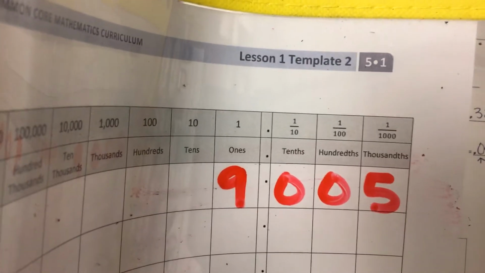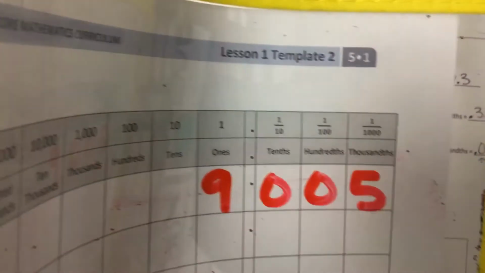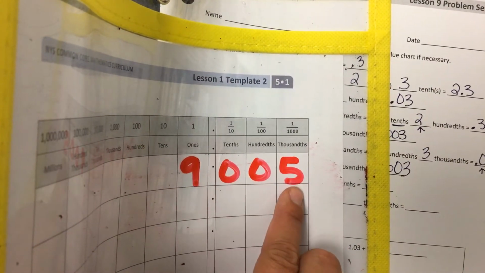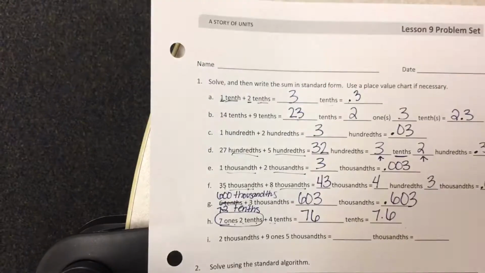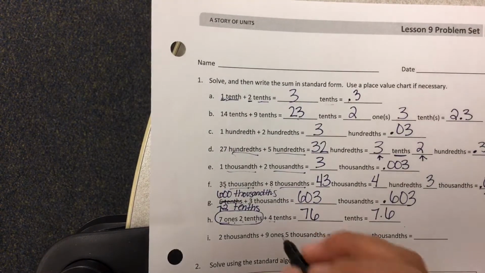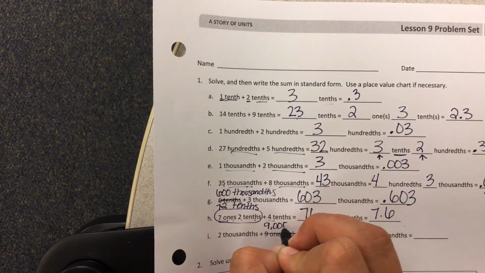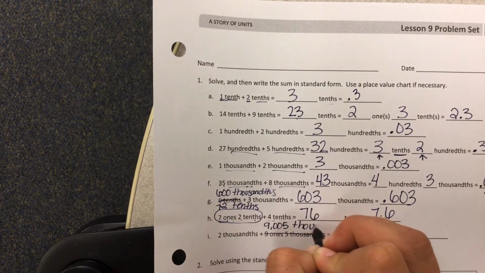It's not going to. If I were to take out this decimal and ignore your place value chart except for the thousandths, if I were to read this going across, I have 9,005 thousandths. So on here, I can actually cross this out and I can say I have 9,005 thousandths.